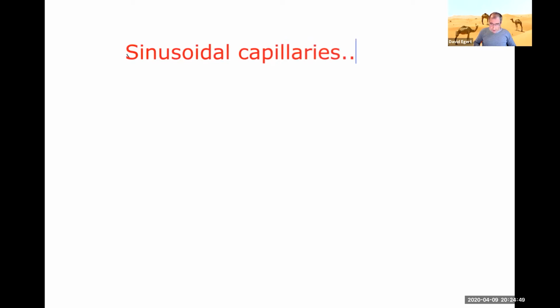The last one I'll mention are called sinusoidal capillaries. These are going to be found specifically in the liver, spleen, and bone marrow.